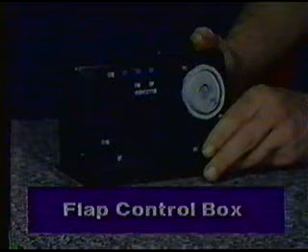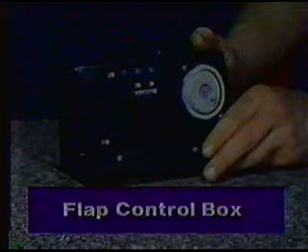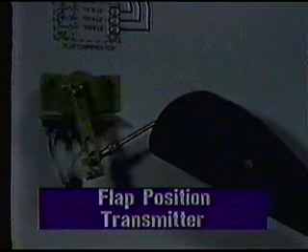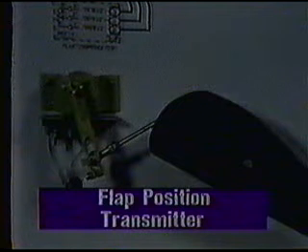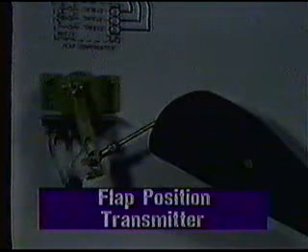The control box located forward of the pilot's feet is called the flap control box, or flap and gear warning control box. The potentiometer installed inboard of the right-hand flap is the flap position transmitter, sometimes called the flap position follower.